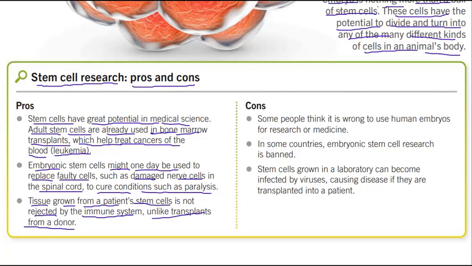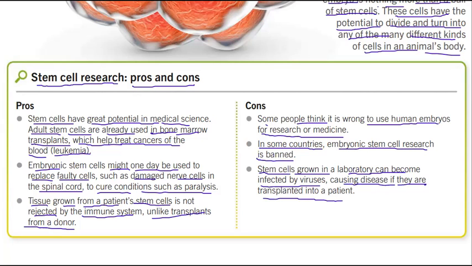Consequences: some people think it is wrong to use human embryos for research or medicine. In some countries, embryonic stem cell research is banned, and stem cells grown in a laboratory can become infected by viruses, causing disease if they are transplanted into a patient.